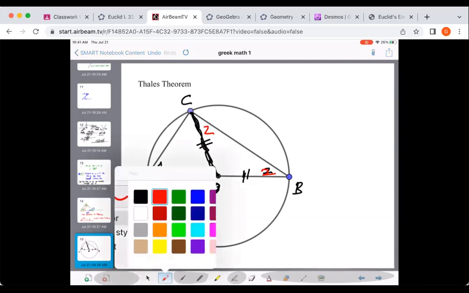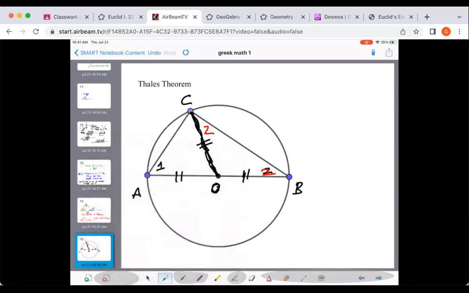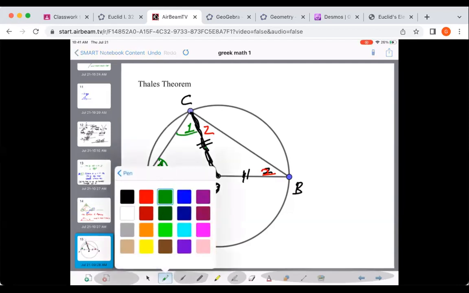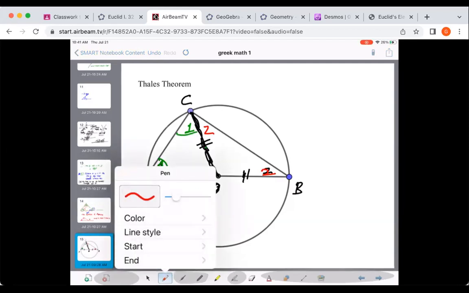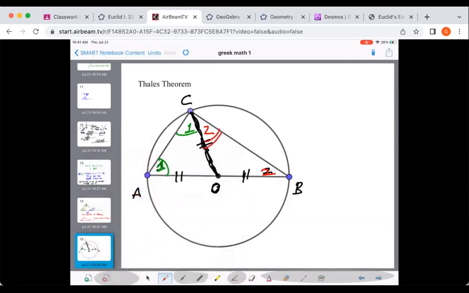On the other hand, this thing that looks kind of like an equilateral triangle is an isosceles triangle because it has two sides congruent. So whatever this angle is here, this angle is the same. And whatever this angle is here, this angle is the same.